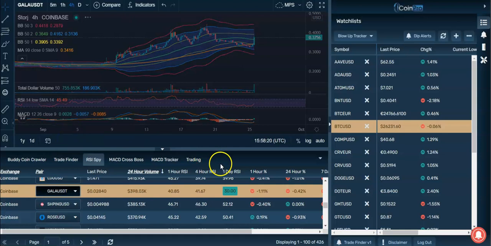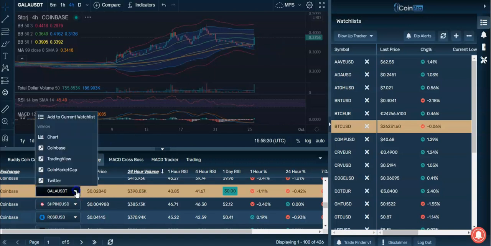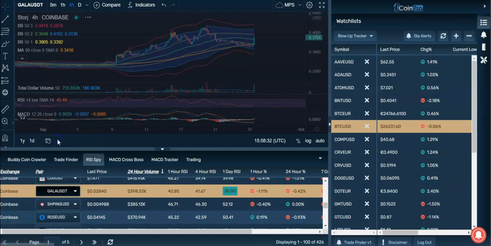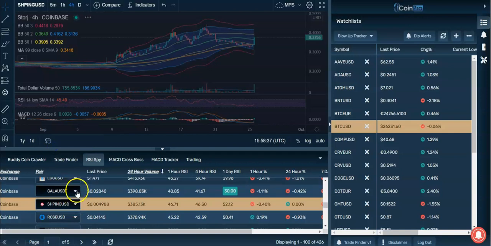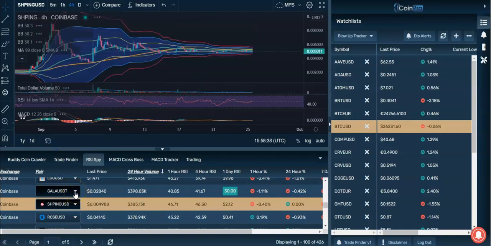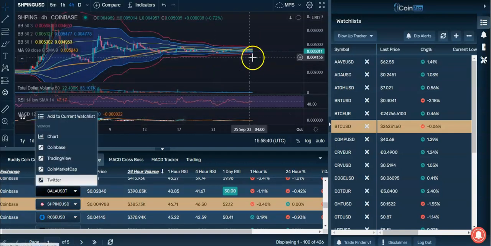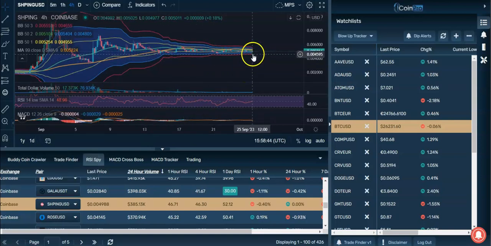Chart. So 1 day 30 RSI, and let's see if it pulls up. Sometimes one or two of these coins won't pull up, but let's see. See how there's a squeeze? See how everything's being squeezed together? So this coin is going to do something soon.